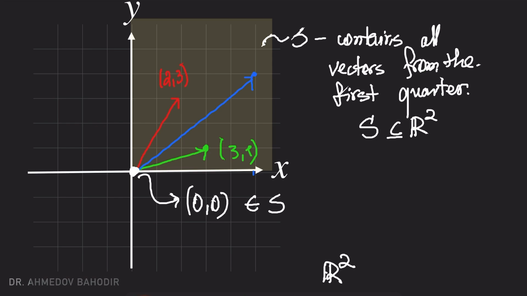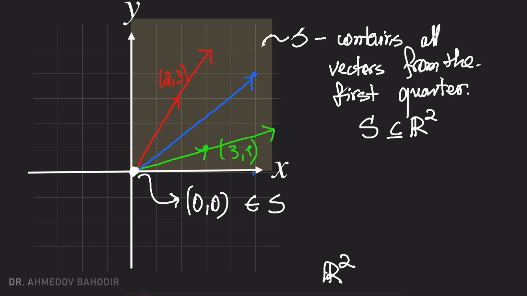So is it a vector subspace or not? At first glance, you can see that all of the conditions seem fulfilled. I can scale this vector, I can sum them and get vectors from the first quarter, right? But again, we can figure out an example where a linear combination of one of the vectors is going to be outside the subspace.